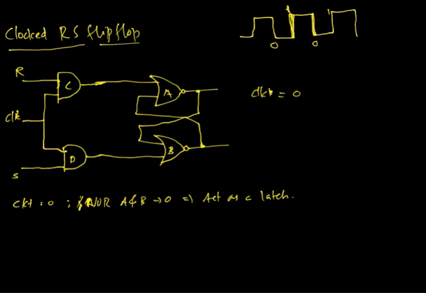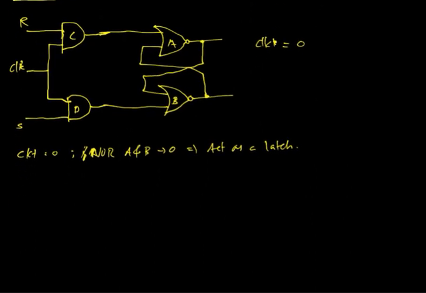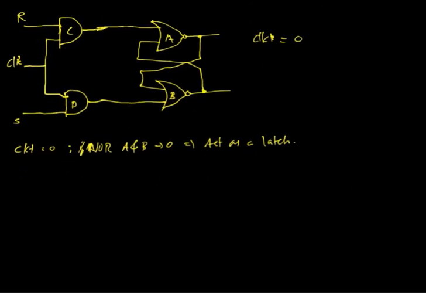So let's see what will be the truth table for this circuit. For that I am considering an nth time, because the clock pulse is changing at every instant of time. So at nth time, the input Rn represents the R value at the nth instant of time.